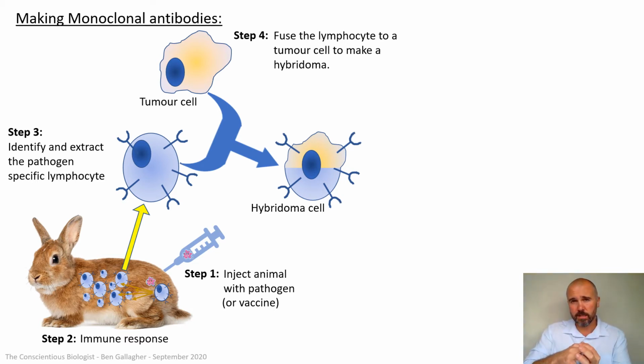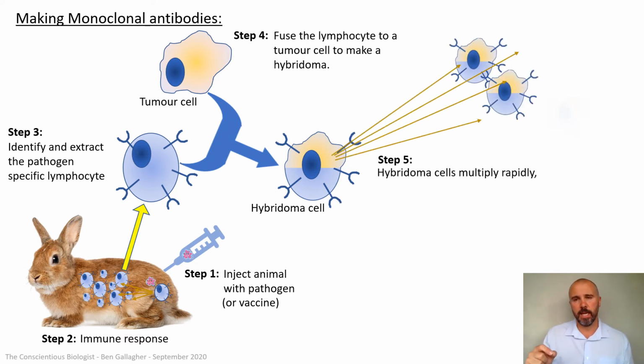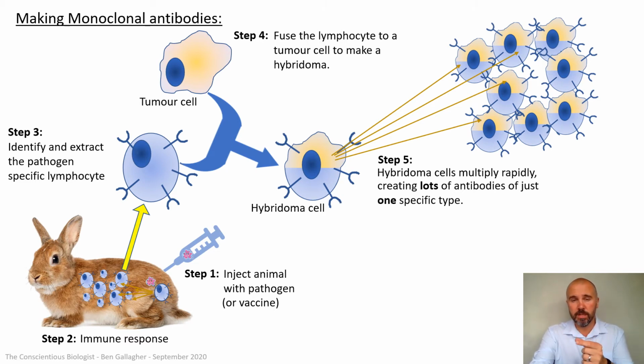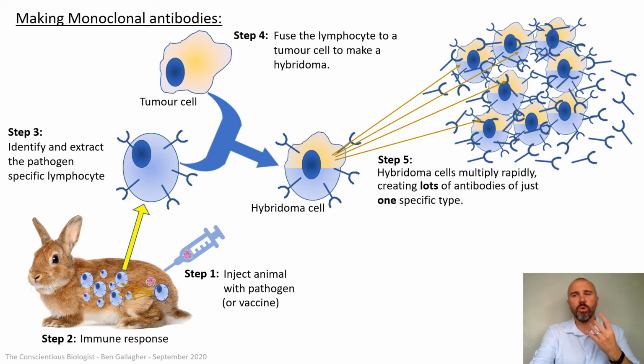Those cells can multiply very rapidly, and in multiplying, they will then start to produce loads and loads of copies of the antibody. And remember, those antibodies, it's lots of one specific type. In other words, monoclonal. So all those antibodies are going to be produced by all these copies.